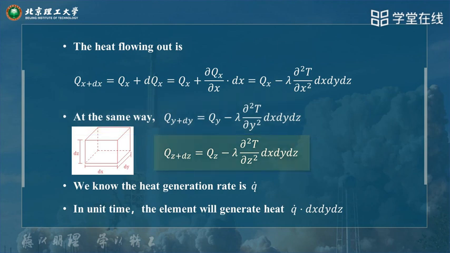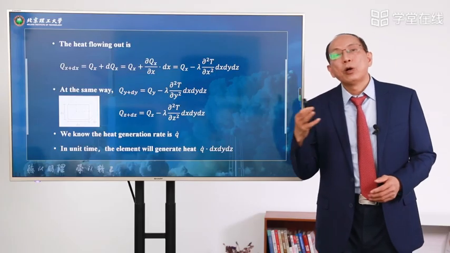Also, at z plus dz, we can calculate the heat flow out is Qz plus dz equals Qz minus lambda partial t power second over partial z power second dx dy dz. Here is the flow out.